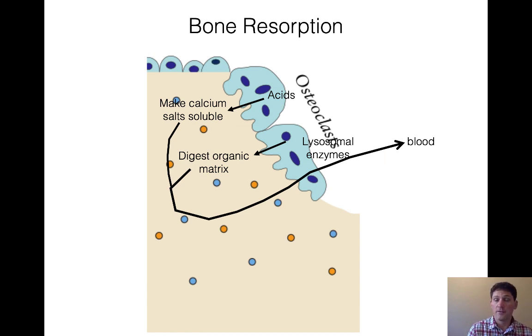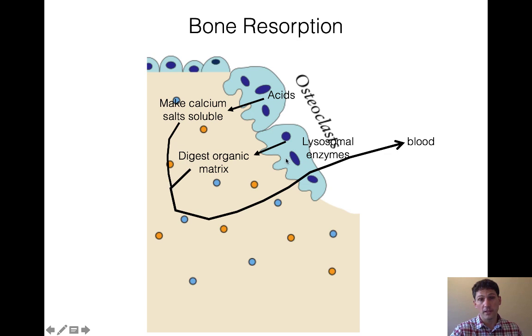Osteoclasts then, if you remember, they have those frilled edges to increase surface area. They're releasing hydrogen ions and digestive enzymes, and that's going to make these calcium salts more soluble, and they're going to digest that organic matrix and resorb those chemicals.